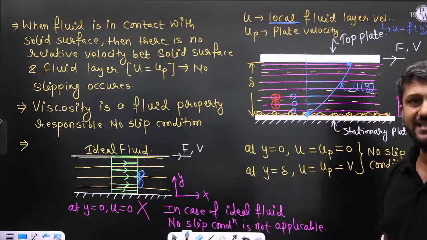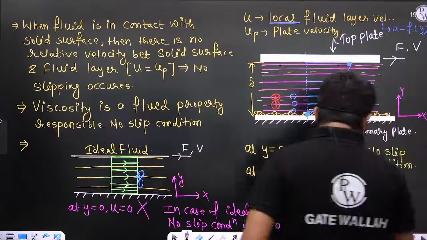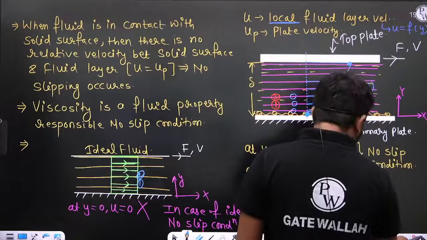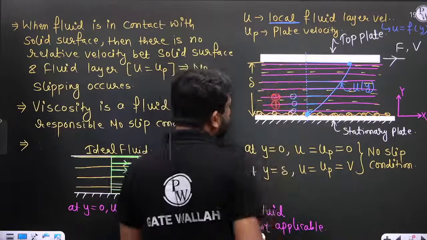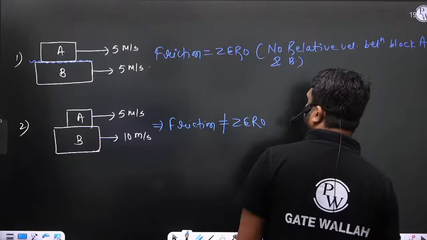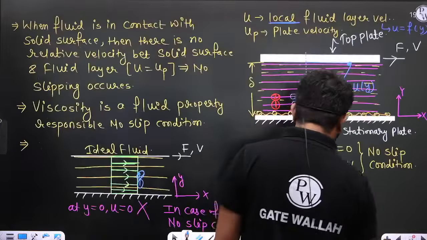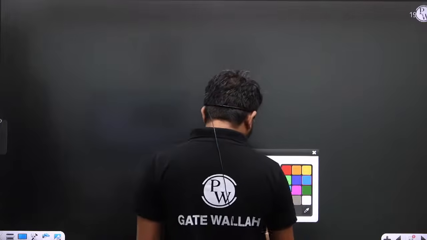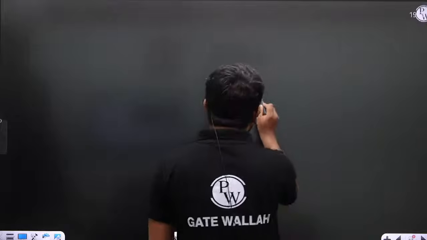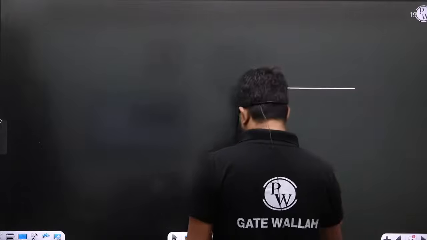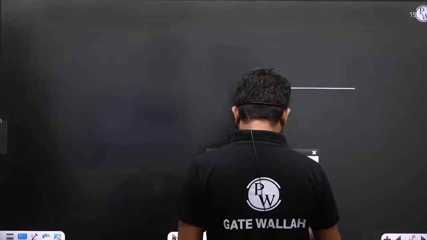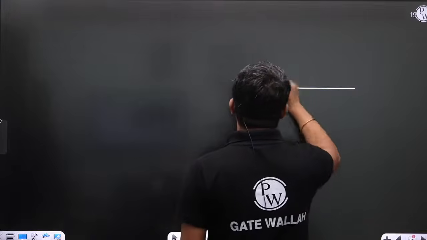I hope you can understand this. Okay. Now see here. If I draw the free body diagram of layer number 2, see here. Layer number 2. If you see from the top view, this is the fluid layer.